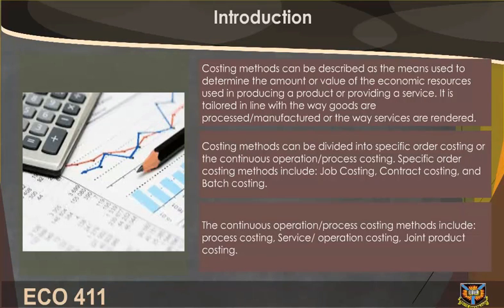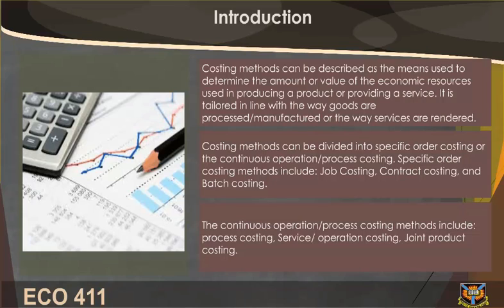Introduction. Costing methods can be described as the means used to determine the amount or value of the economic resources used in producing a product or providing a service. It is tailored in line with the way goods are processed, manufactured, or the way services are rendered.